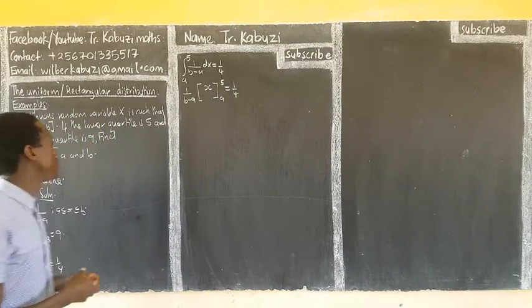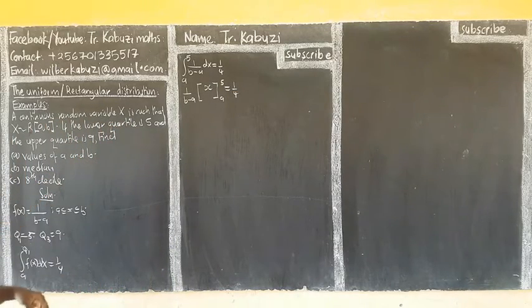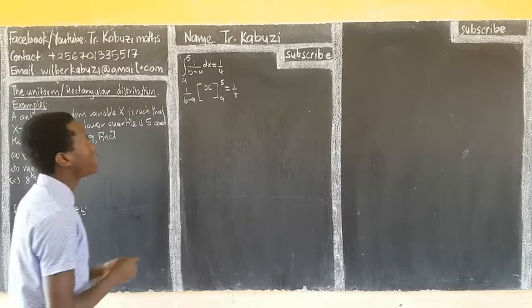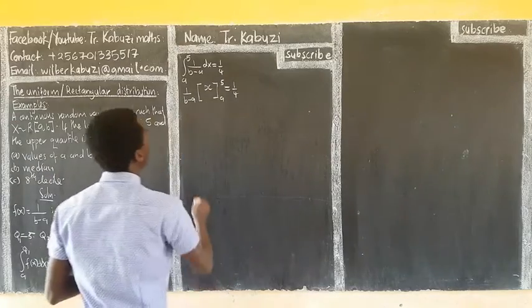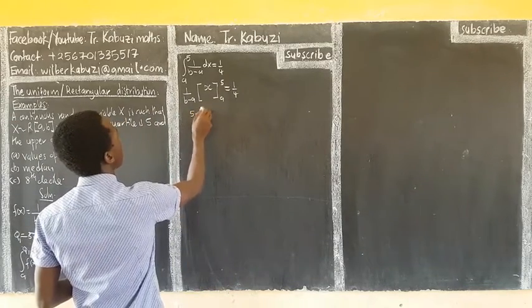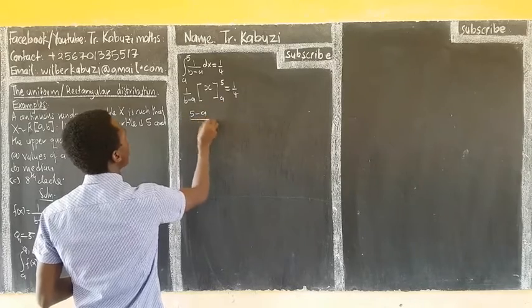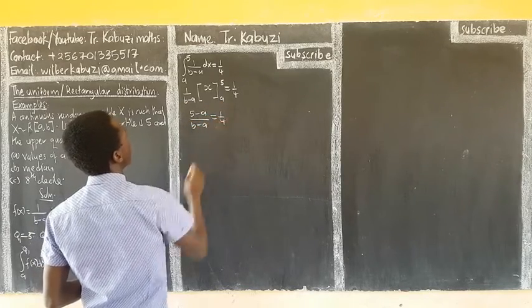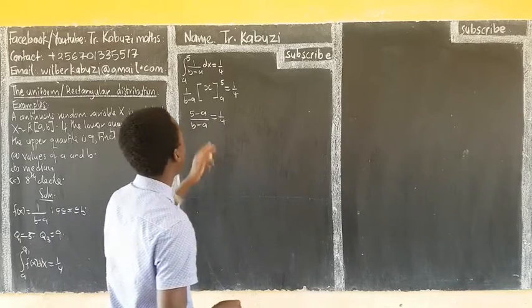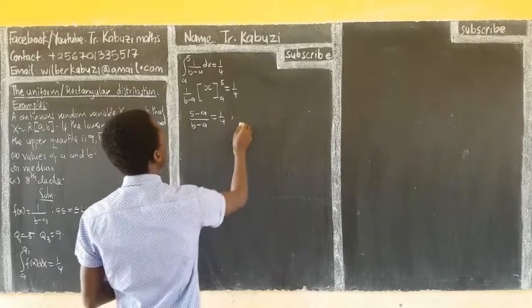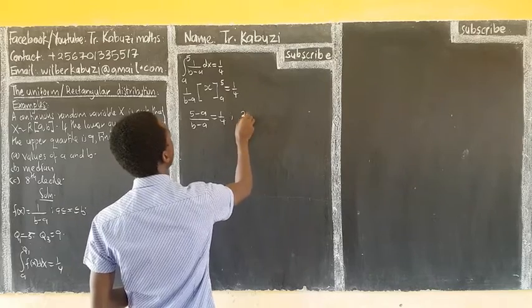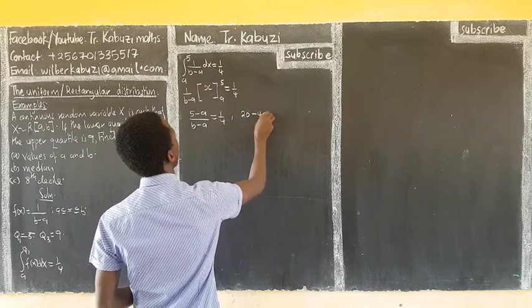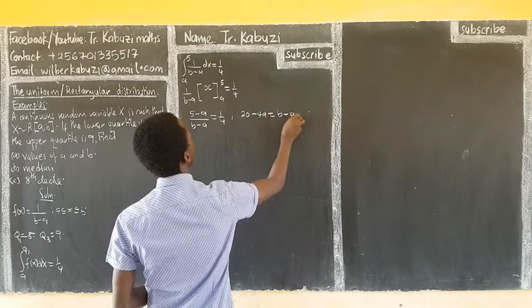So we have two unknowns, a and b. It means that we also need two equations. When I put in this value, I have 5 minus a over b minus a equaling a quarter. Can you cross multiply? When I cross multiply, I have 20 minus 4a equaling b minus a.